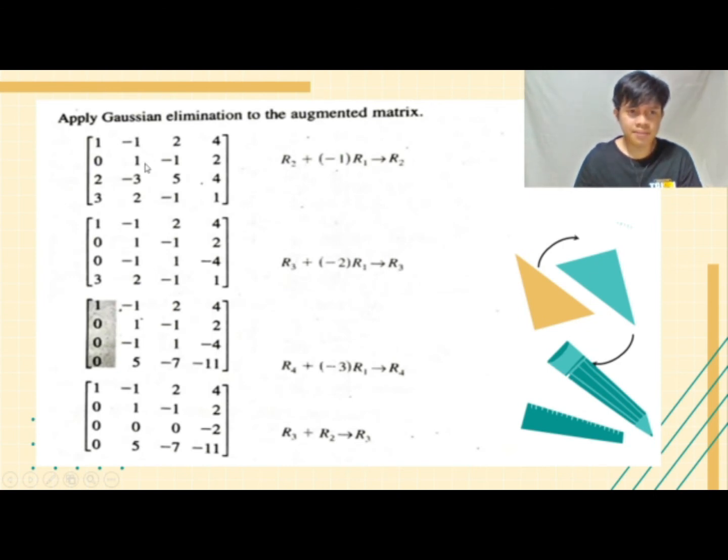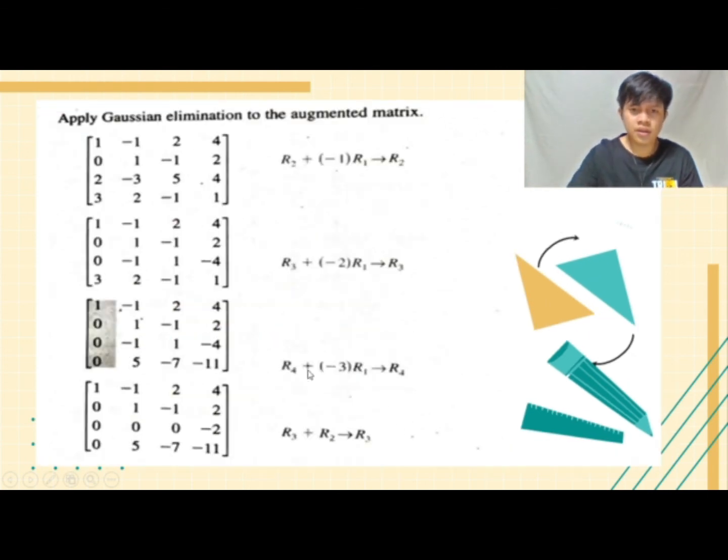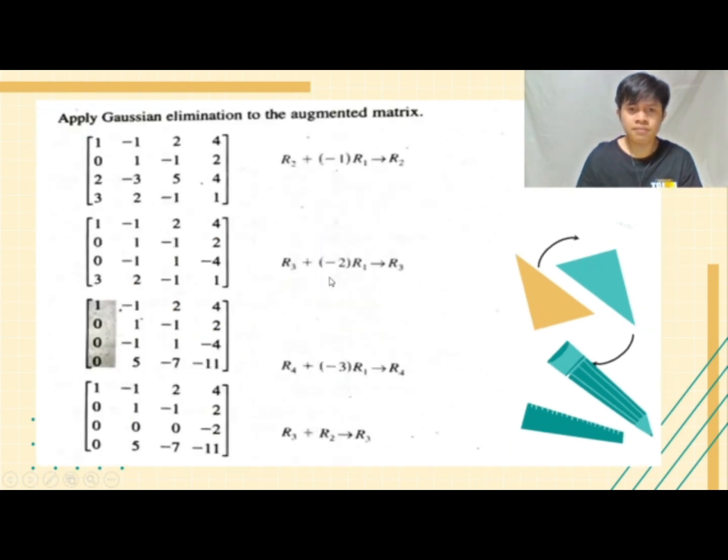So, another example: 1 minus 1 times 2 is equal to negative 1. The last example is 6 minus 1 times 4 is equal to 2. Okay? So, that's the step.